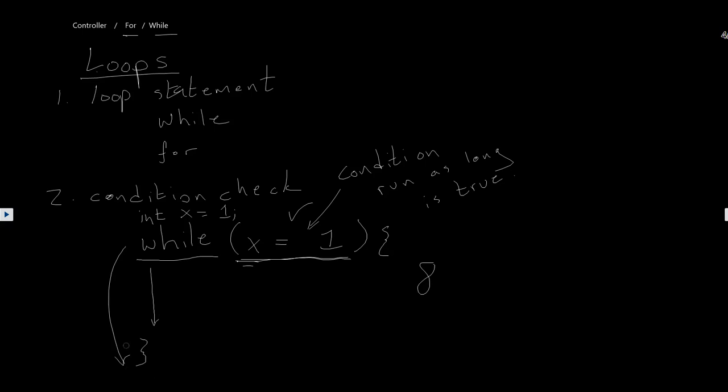It gets to the bottom of the code, to this curly brace, then comes back up and checks the condition again. If the condition is still true, it will continue to run over and over and over again until that condition is false. Does that make sense? That is a while loop. That's all it takes, so it's fairly simple on the surface to understand.